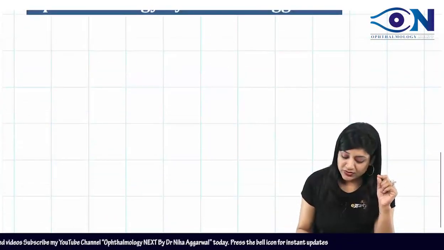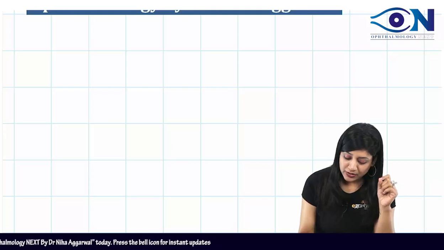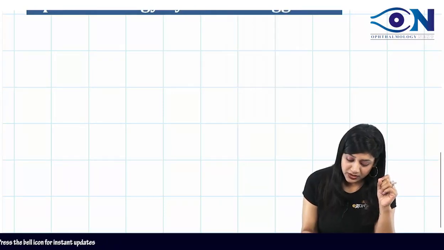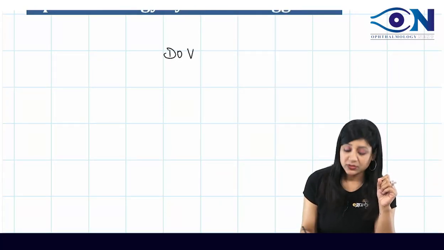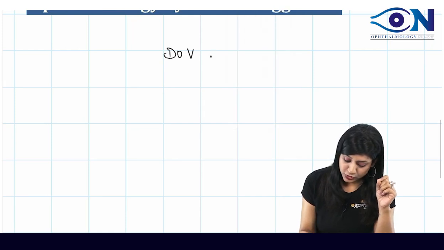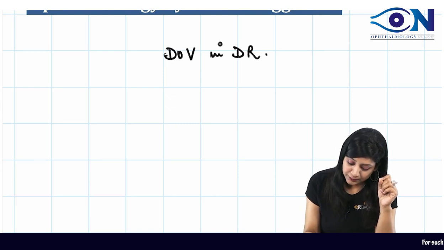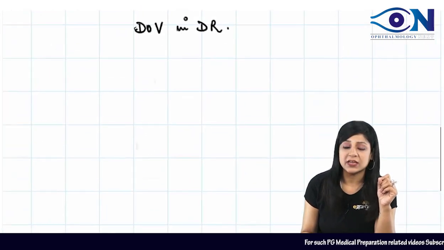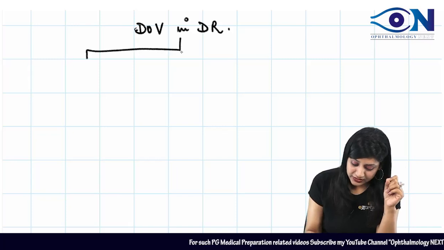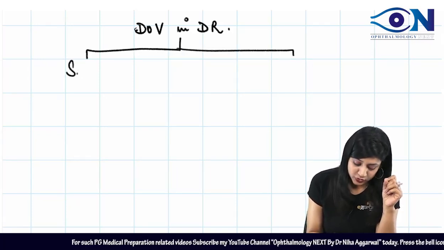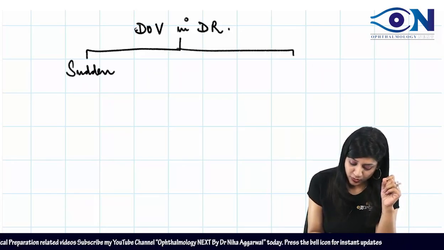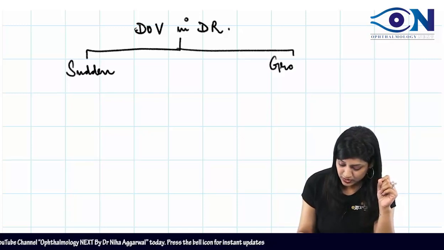Always remember, if you think about diminution of vision in patients of diabetic retinopathy, you have to see whether this diminution of vision is sudden or gradual.